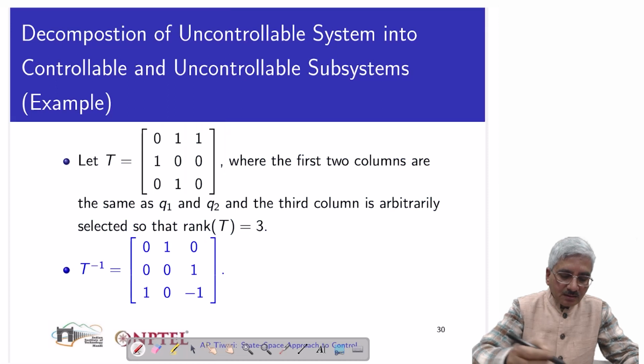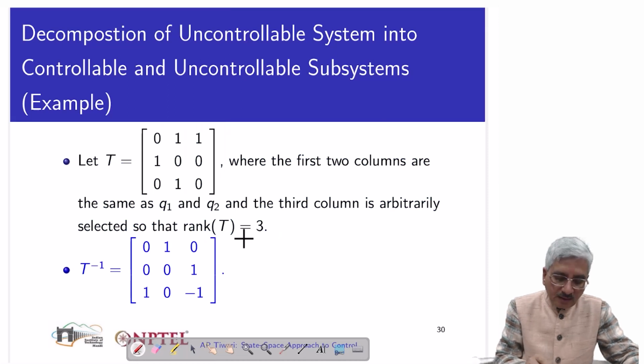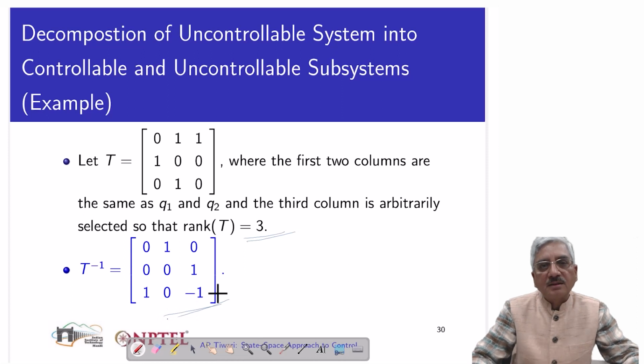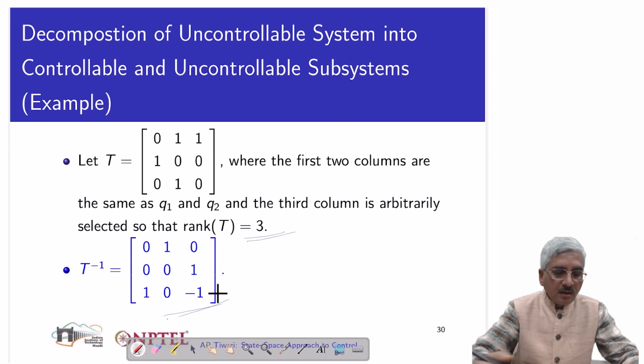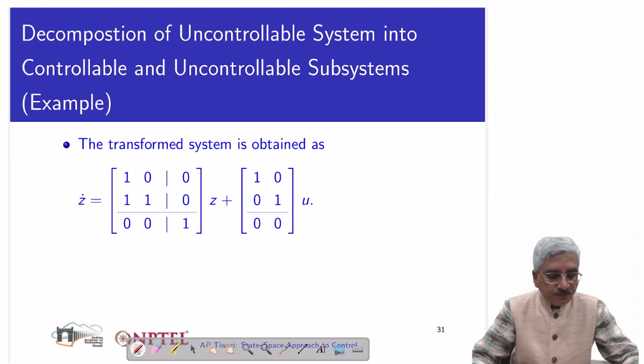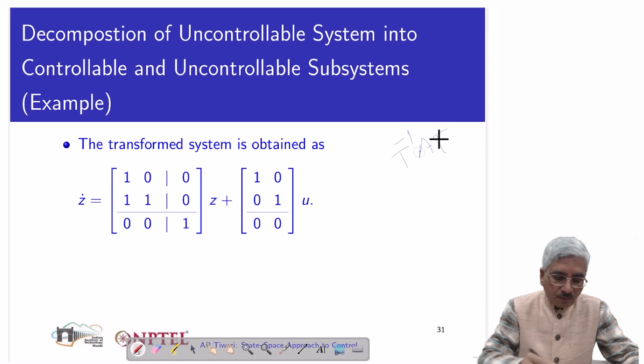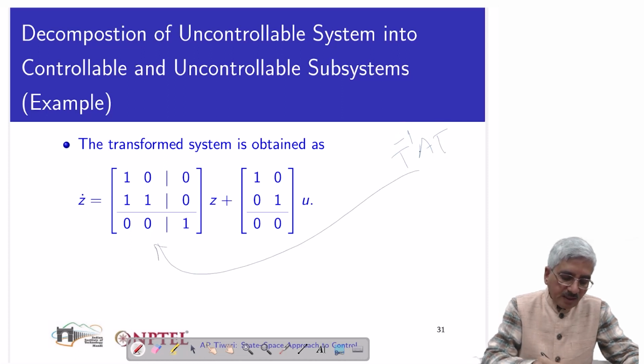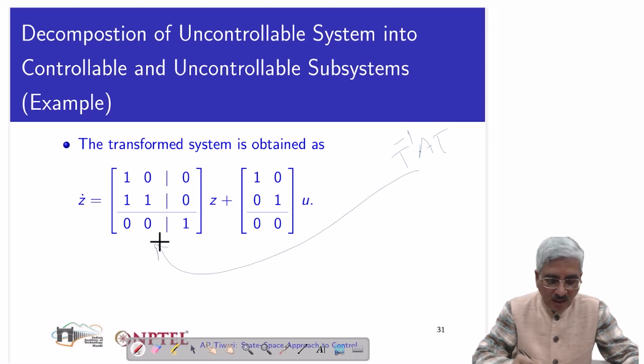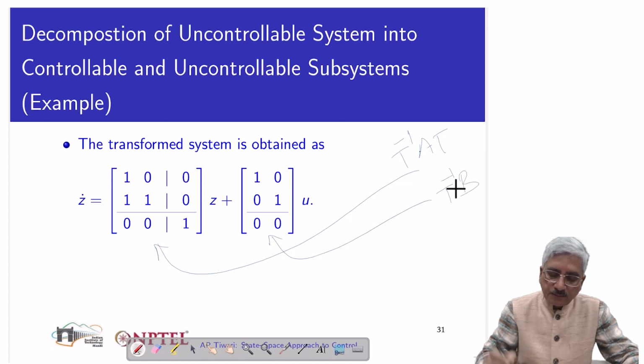So we select that T and we get the rank 3, and if we evaluate T inverse, we get this as the T inverse. Then we do that manipulation. T inverse AT will be the A bar matrix, and T inverse B will be the B bar matrix.